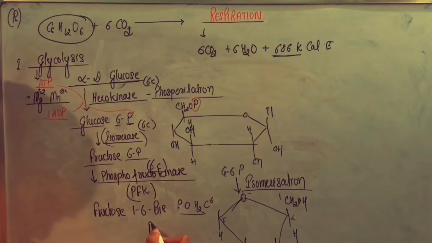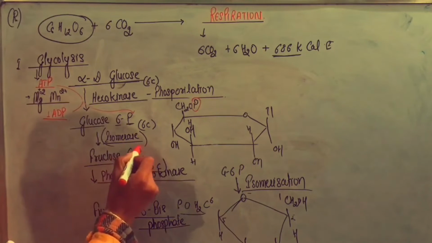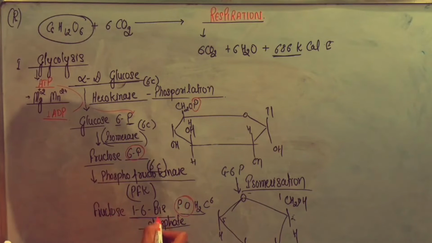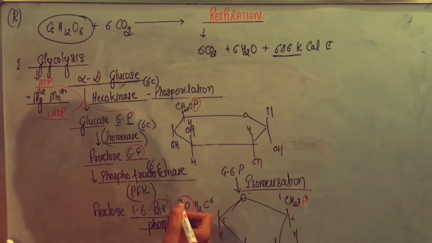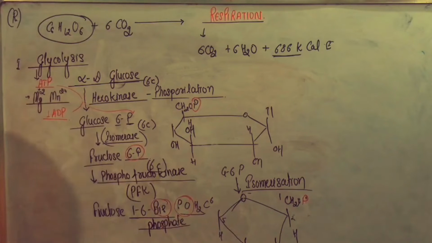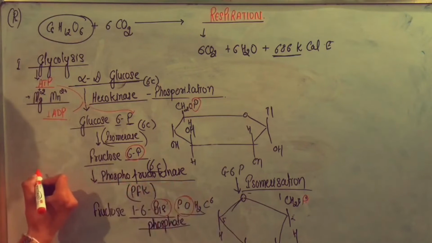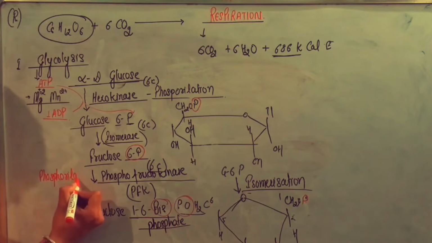In fructose 1,6-bisphosphate, the phosphate group is attached to the 1st as well as the 6th position. So in position number 1, H is replaced by phosphate. This addition of a phosphate group by phosphofructokinase is again called phosphorylation.